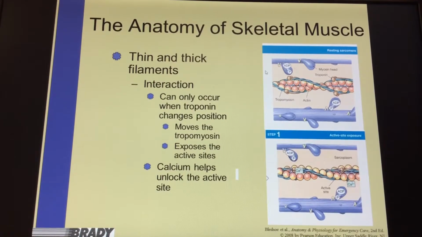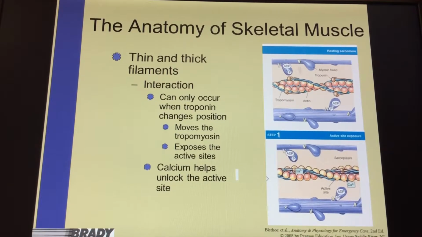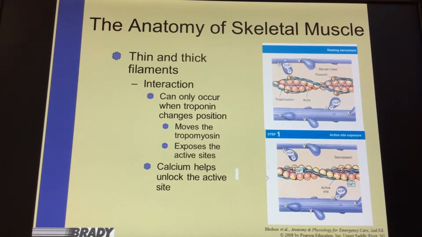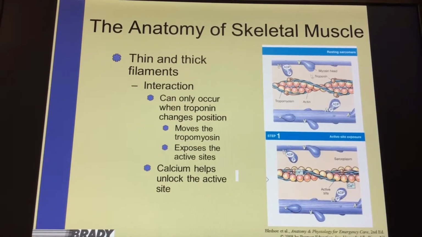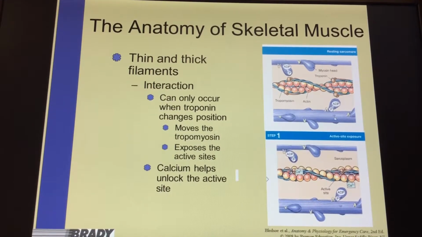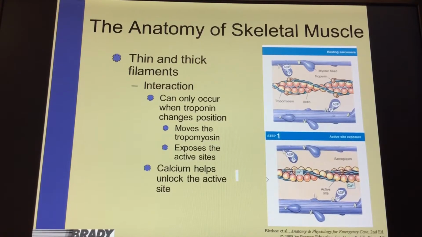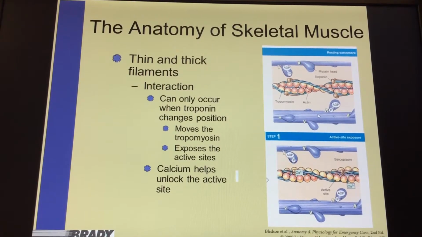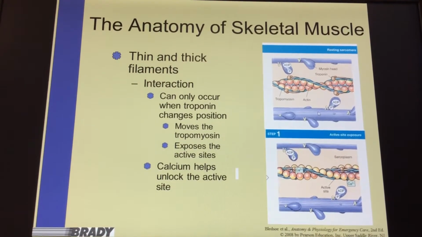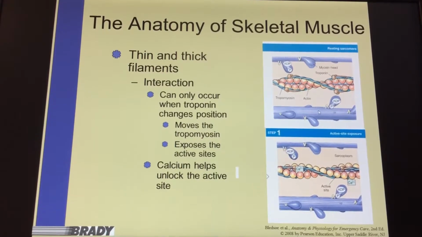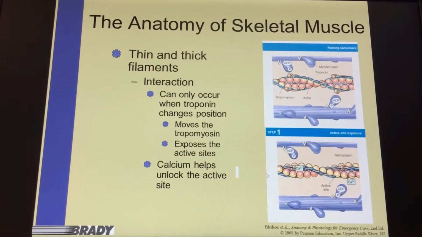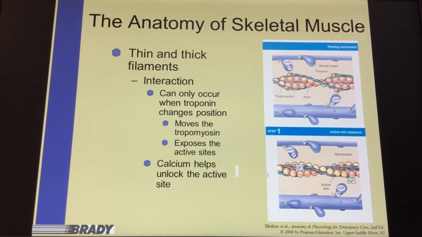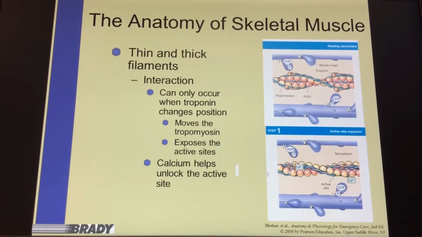So here's that myosin head right here, and we have ADP coming in, adenosine diphosphate with another phosphate molecule. When we get release of calcium into the system, and I'm going to talk about that more when we get to the nerve, calcium will bind with that troponin, and that causes a shift or a movement of this thin filament to open up, and it exposes those actin binding sites.